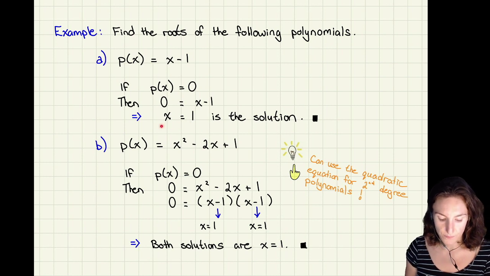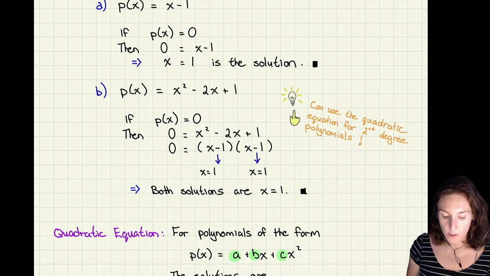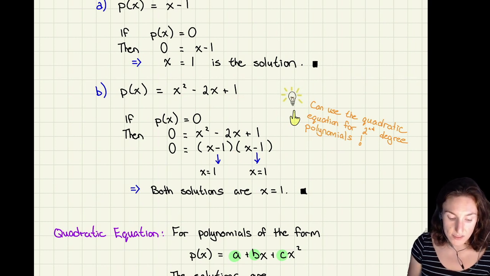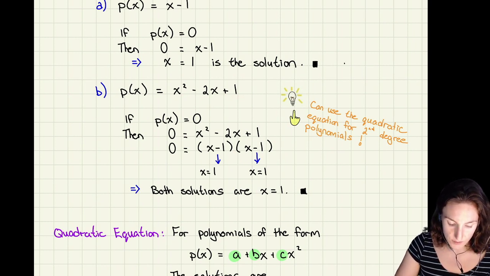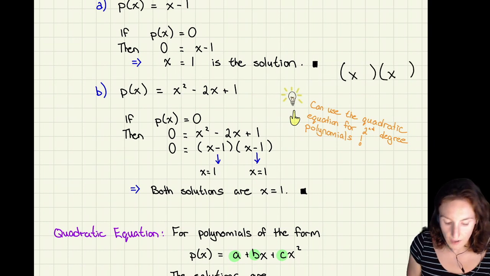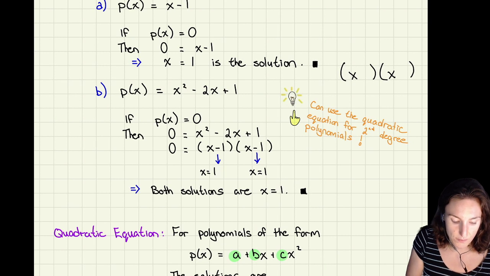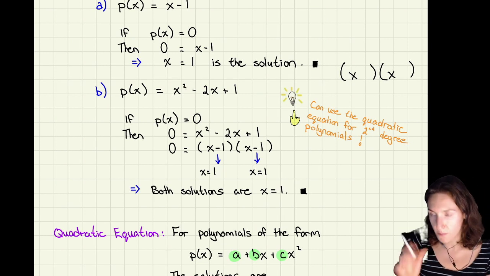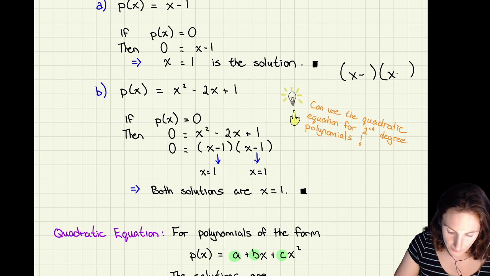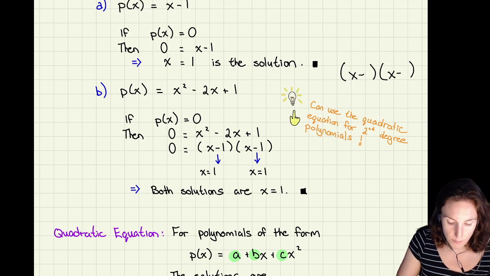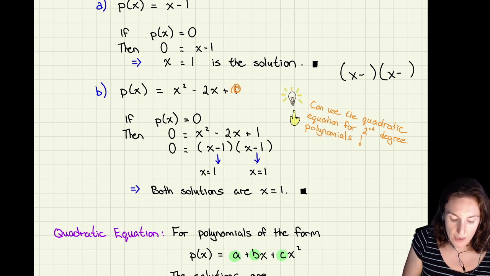This is my solution. For something like a quadratic equation, if you can see that you can factor it, so I have an x, I have an x, I have a 1 here that's positive, but I have a negative 2 here that's negative. Because this is positive, and that has to do with the multiplication, I'm going to have a negative and negative, and now I need to pick numbers here and here that when I multiply them, I get this number, and when I add or subtract them, I get this number.